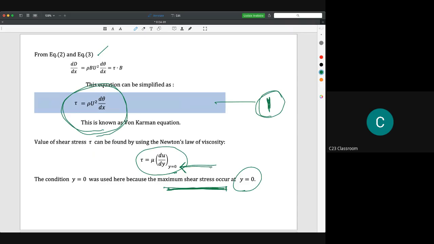Now I think you could see that the equation of tau comes out, and then we need to merge everything. We need to use the velocity profile that we have, then we need to get our tau, and then we need to get our drag force and lift force, as well as the coefficient of drag and coefficient of lift.